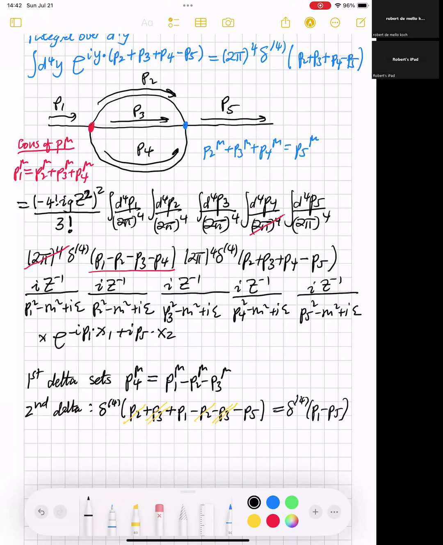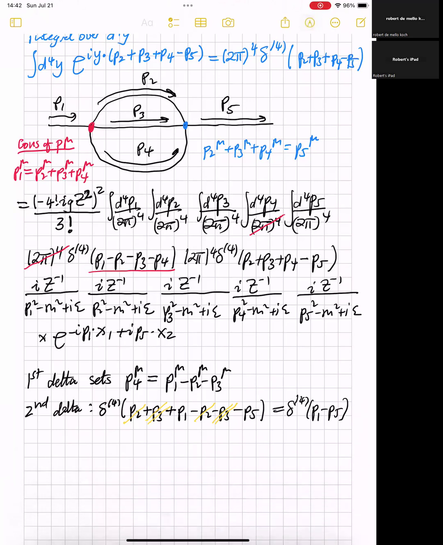And that tells us that the momentum flowing into the whole diagram is equal to the momentum flowing out of the whole diagram. So this is sort of overall conservation of energy and momentum. And we will use this to do the integral over P5. So this will set P5 mu simply equal to P1 mu, okay?